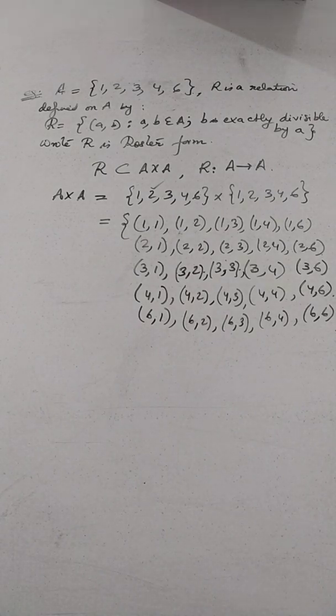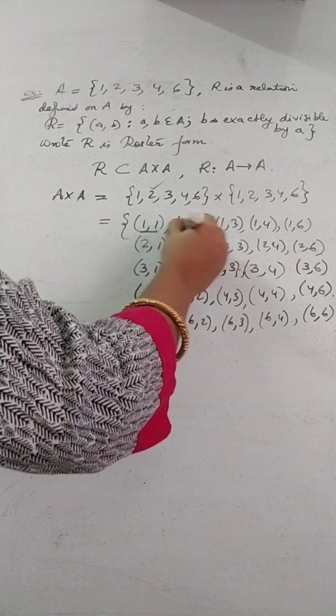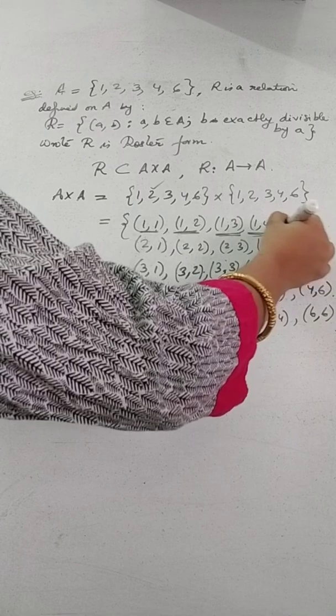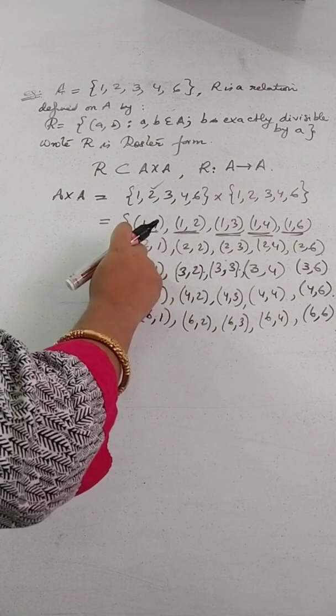Out of these, we have to choose those pairs where the second component is exactly divisible by the first component. Let us see. Second component 1, yes, it is divisible by 1. 2 is divisible by 1, 3 is divisible by 1, 4 is divisible by 1, 6 is divisible by 1. Here 1 is not divisible by 2.